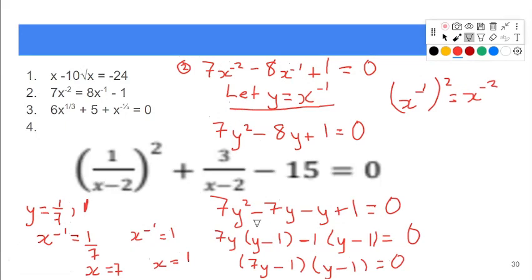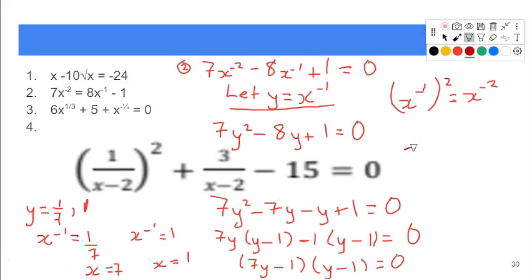Can you explain exactly what happens when you transpose the negative component over to the next side of the equation? You mean up here? No, I mean, when we're doing x to -1 equals 1/7. Oh, okay. So I think you guys did a little bit of indices in third form, I believe.